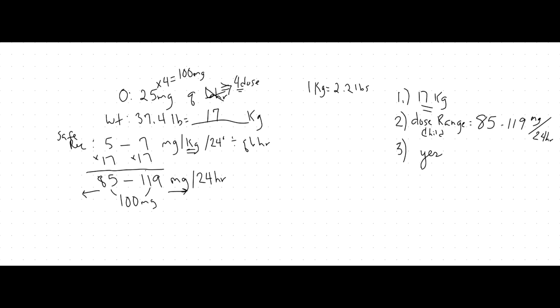And then it's asking us to calculate how many milliliters we would give if our dose was safe. So this is the thing. Let's say on the exam that our dose was not safe. And the next question asks you how many milliliters would be given.